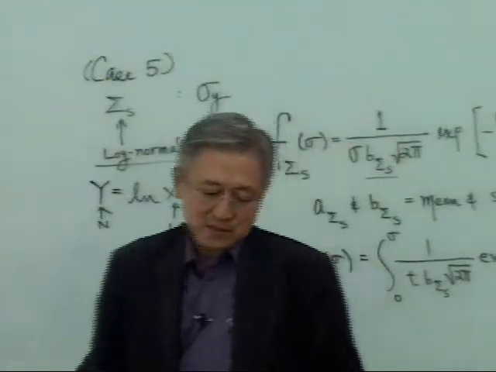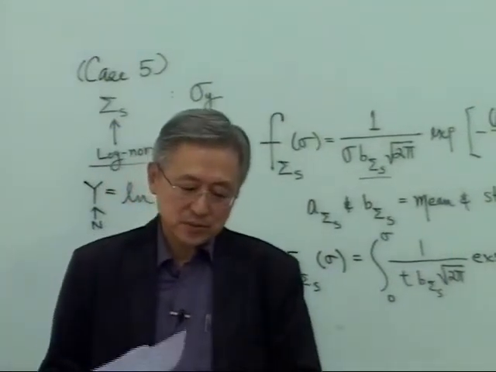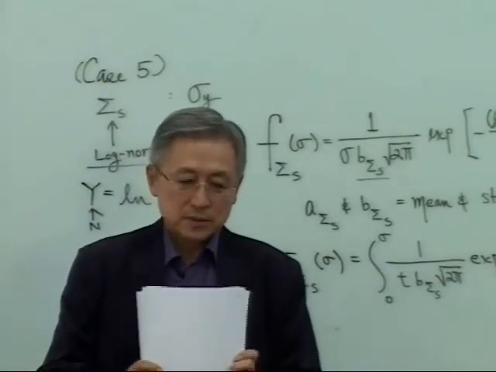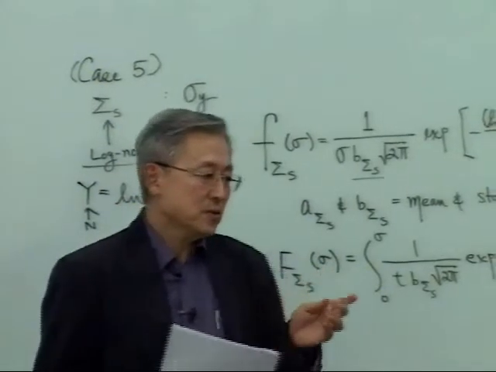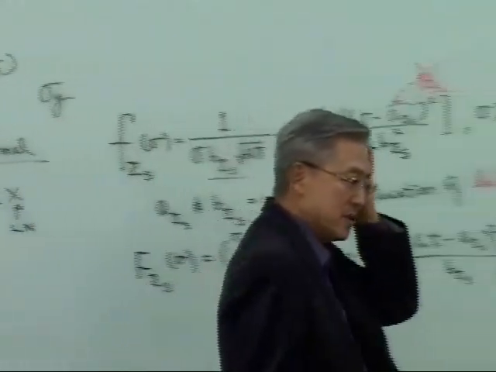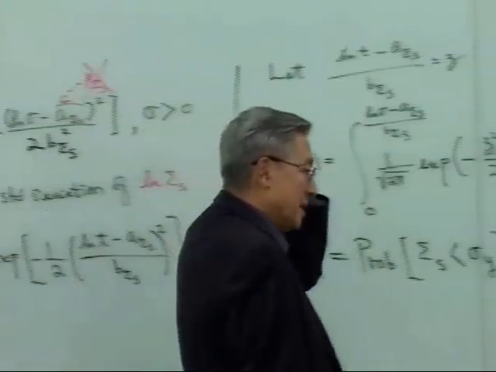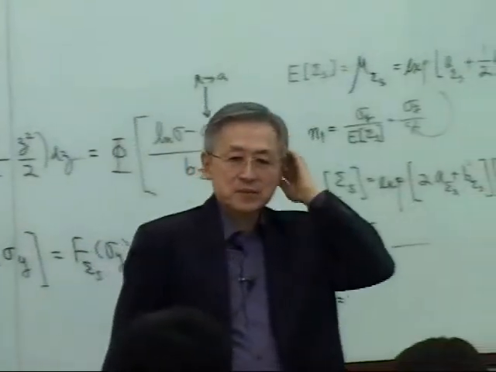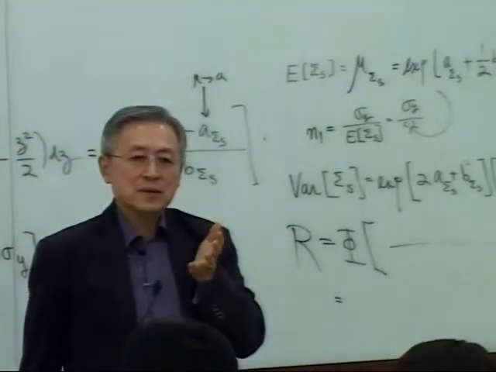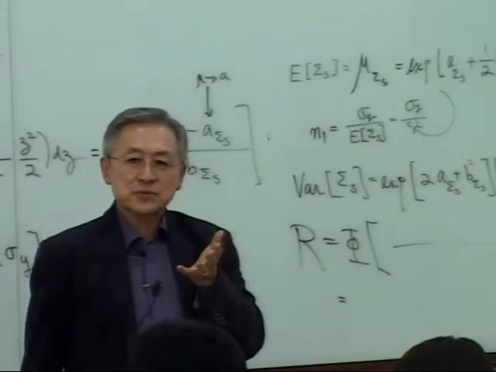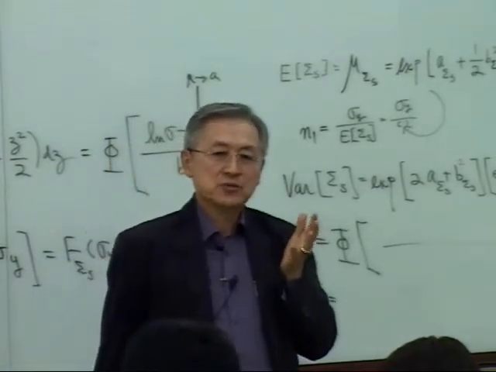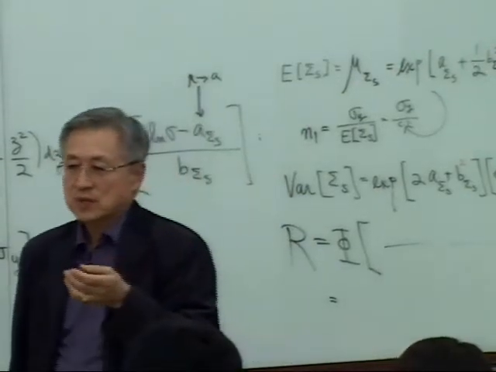Okay, last model I want to pursue is Weibull distribution. In my note, case number 6, I didn't include when we talk about the probability model. The Weibull distribution is a part of the family called the extremal distribution.